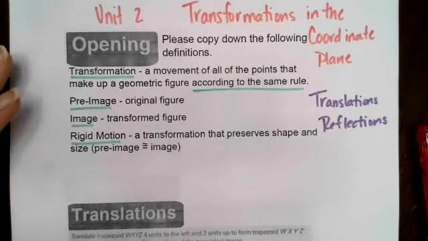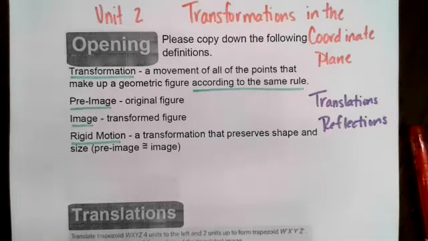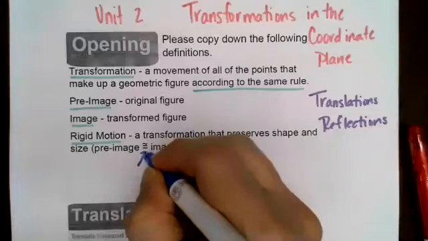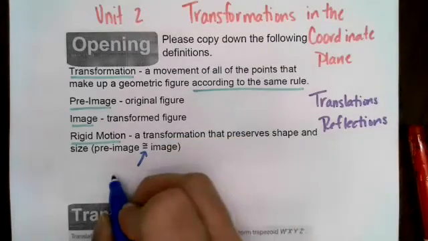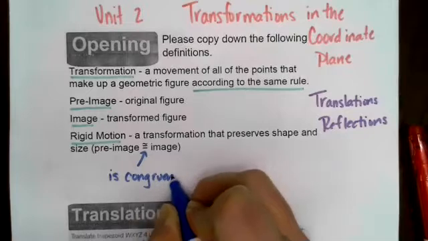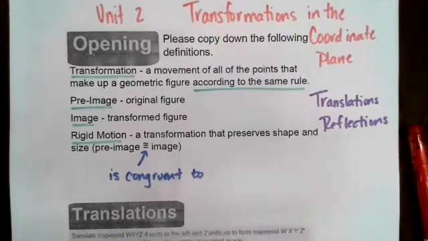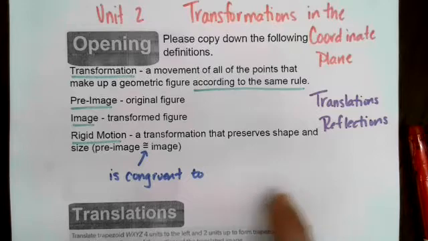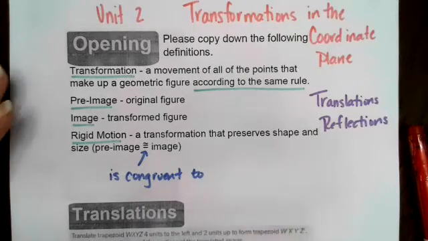So we talked a little bit last week about congruence. This figure, which is an equal sign with a little squiggly on top, means congruent to, which means that all of the side lengths are the same measure and all the angles are the same measure as they appear.